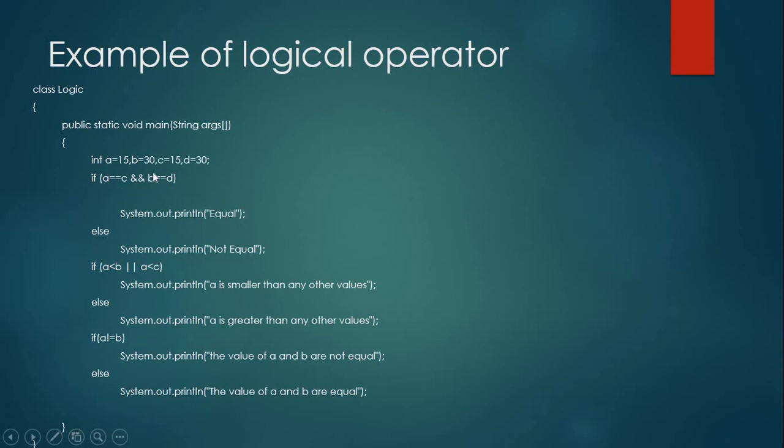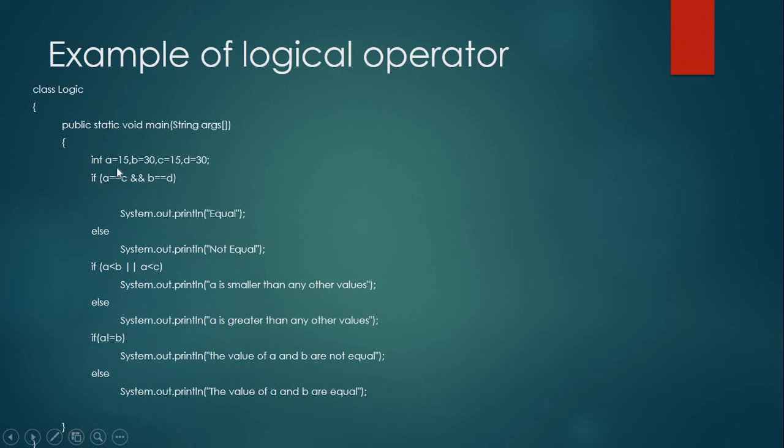So here, a is equal to c and b is equal to d. Double AND means both conditions have to be true, means a is equal to c and b is equal to d. If both conditions are true, then and only then this body part will be executed.